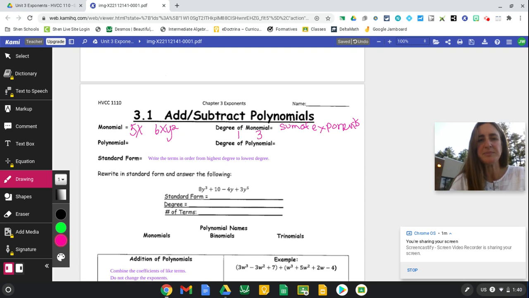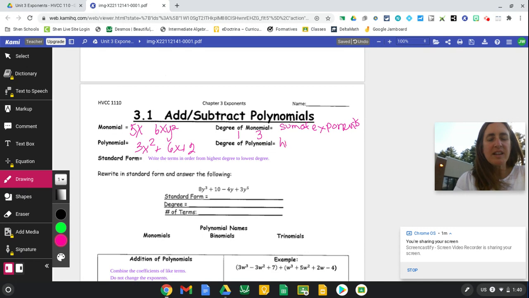A polynomial is made up of many terms. So for example, you could have like 3x squared plus 6x plus 1. And the degree of the polynomial is the highest power that is listed there.